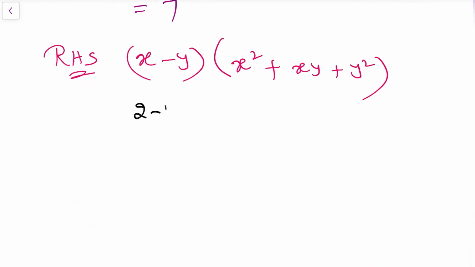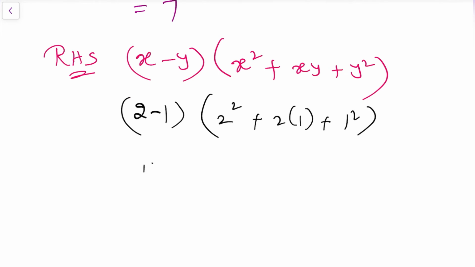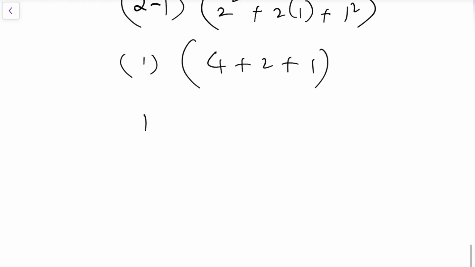So 2 minus 1 into 2 square plus 2 into 1 plus 1 square. 2 minus 1, 1. 1 into 2 square, 4, plus 2 ones are 2, plus 1 square, 1. Then we have 1 into 4 plus 2, 6, 6 plus 1, 7. So 1 sevens are 7.